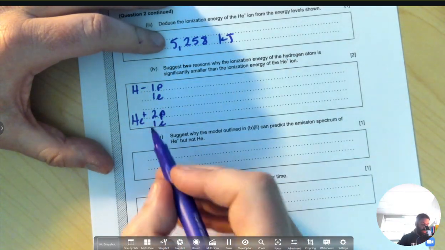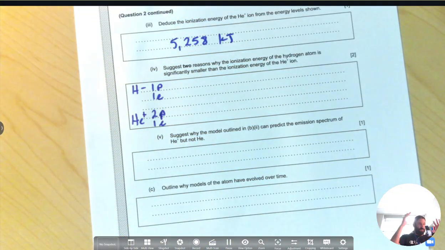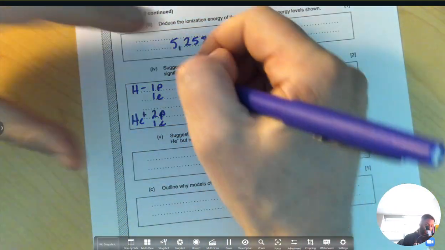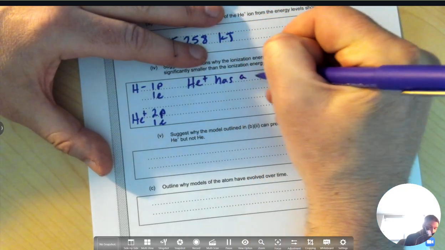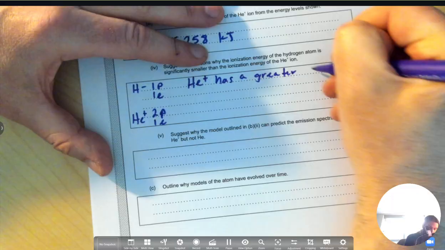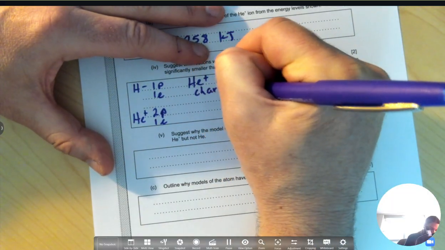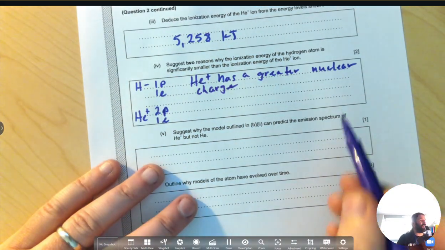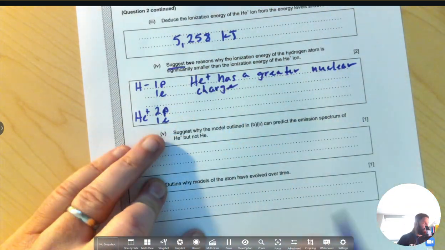Since it has a greater positive charge in the nucleus, it pulls more strongly on those electrons. So the helium cation has a greater nuclear charge. Now here, that's pretty much all you need to say for the 1 mark, because you're just asked to suggest. It doesn't ask for a reason why you're suggesting it.